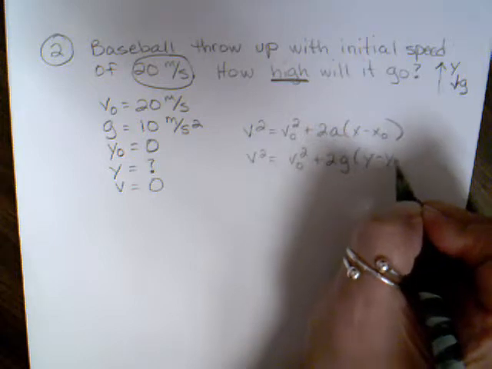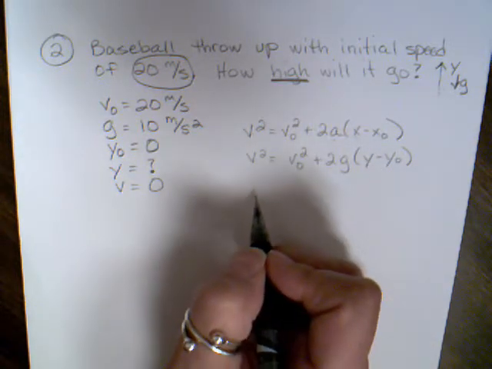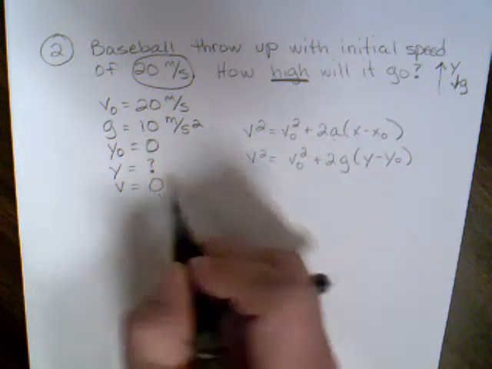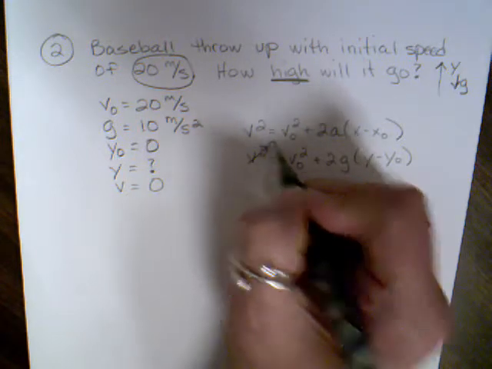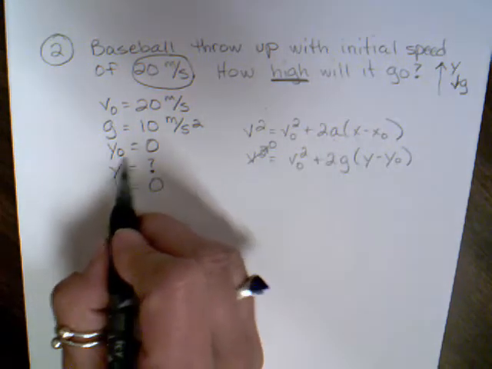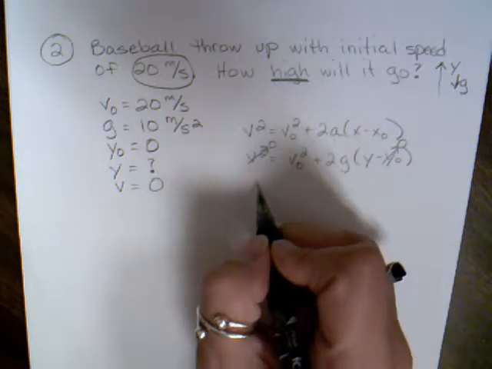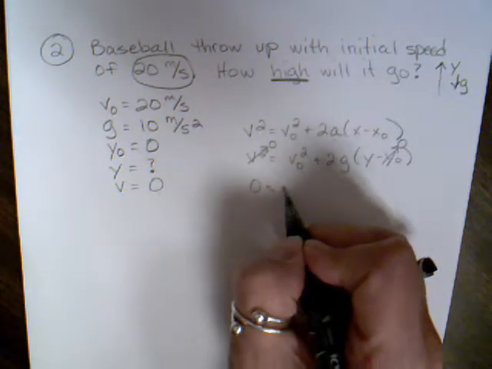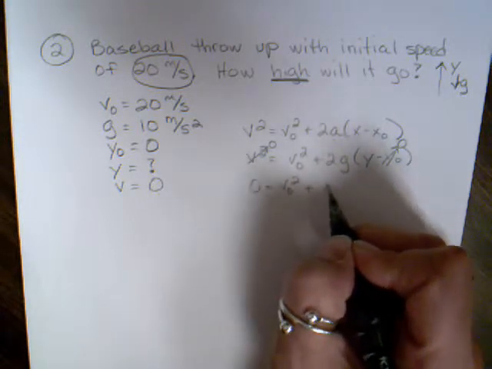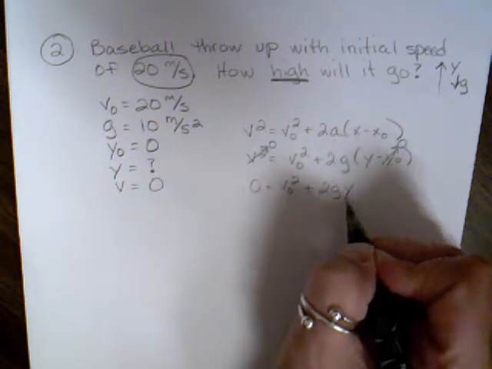Y minus y naught. My v here goes to 0. My y naught is 0. So now I'm left with 0 equals v naught squared plus 2gy.